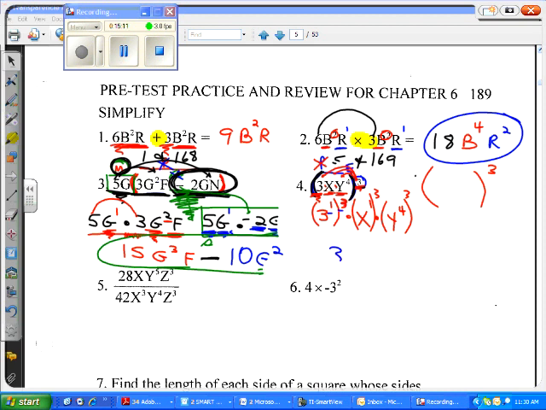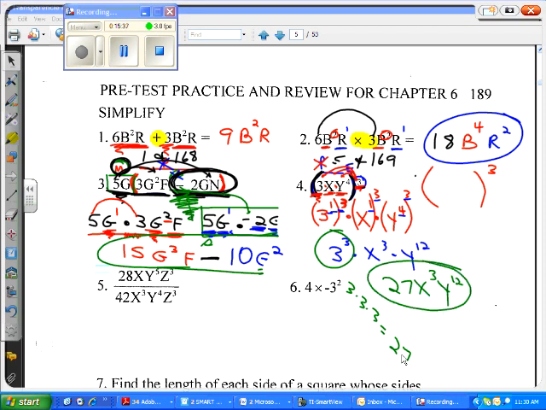And so if we show our work, we're going to have 3 to the 1 times 3 is 3 to the third, times x to the 1 times 3 is x to the third, times y to the 4 times 3 is y to the 12th. 3 to the third means 3 times itself 3 times, which is equal to 27. So we'll have 27x to the third y to the 12th as a final answer.